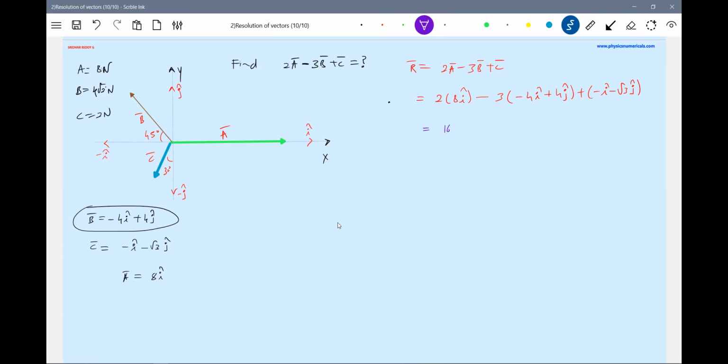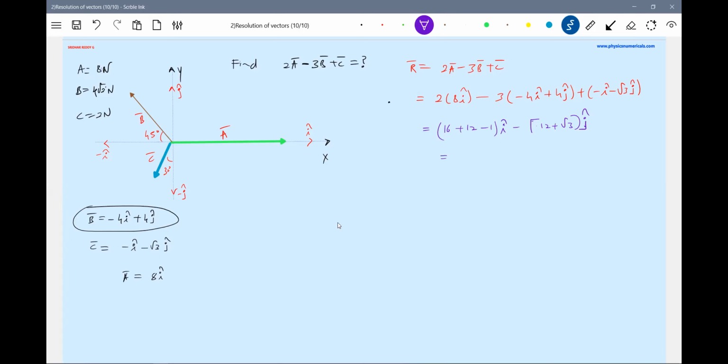So this will be 16 plus 12 minus 1 I cap, then minus 12 plus root 3 J cap.